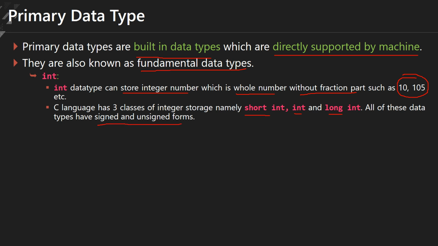Depending on the size you want, you can use it in your program. If a short int is required, you can go with short int. If I want a long int, you always have to use long int, which is larger than the normal int. We will generally always use int in the program.